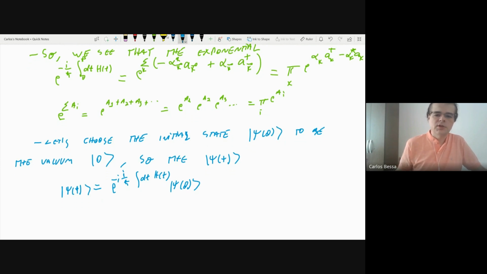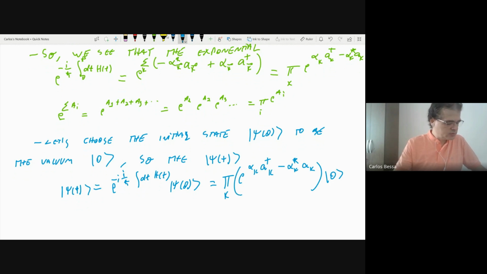So psi of t will be just the product of the exponentials of k, e to the delta k minus alpha k star, applied to 0 for different k's, because I have the product of k's.